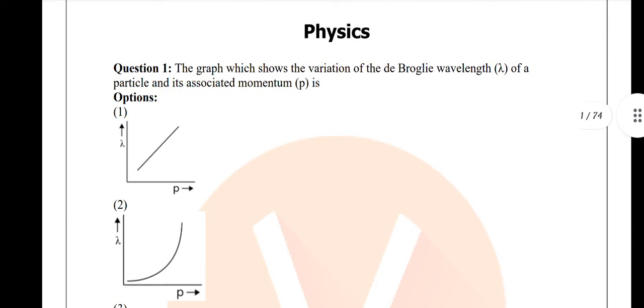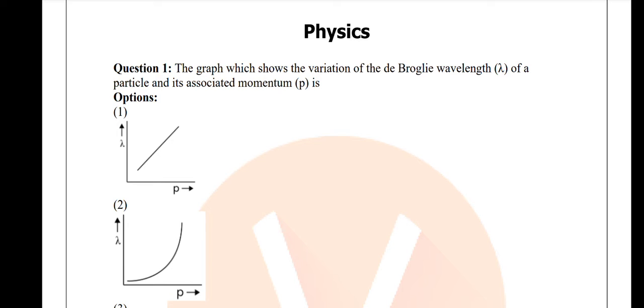So physics. If we come to physics, the first question they've asked is they've given a graph which shows the variation of the de Broglie wavelength of a particle and its associated momentum p.